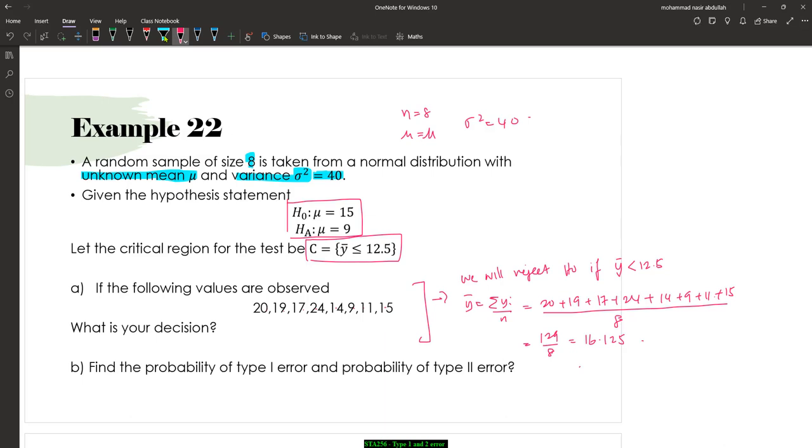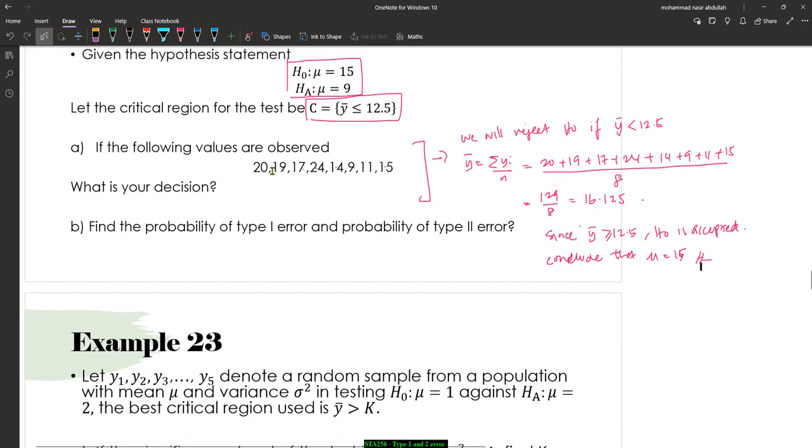So since y bar is more than or equal to 12.5, the null hypothesis is accepted. So we can conclude that the population mean mu is equal to 15. Okay?